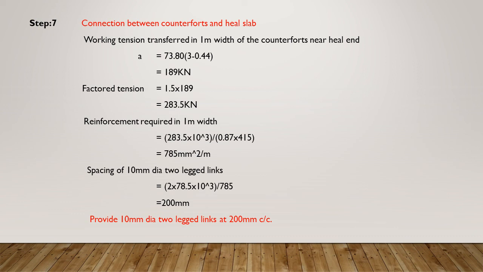Then provide 10 mm diameter 2 legged links: spacing is equal to 2 into 78.5 into 1000 divided by 785, the reinforcement area. Then you get a spacing of 200 mm, so provide 10 mm diameter 2 legged links at 200 mm center to center distance.